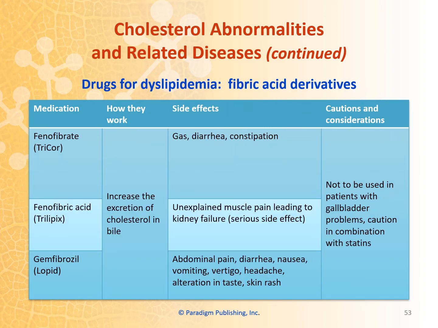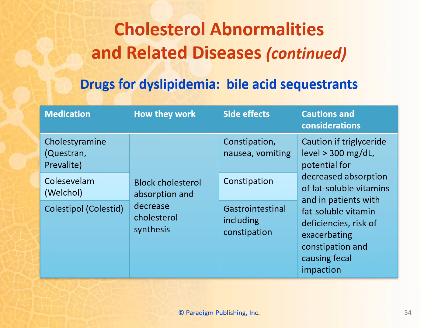Here's some more: the fibric acid derivatives, such as Tricor, Trilipix, and Lopid. Bile acid sequestrants, cholestyramine, you'll see quite often, colestipol. They block cholesterol absorption and decrease cholesterol synthesis.